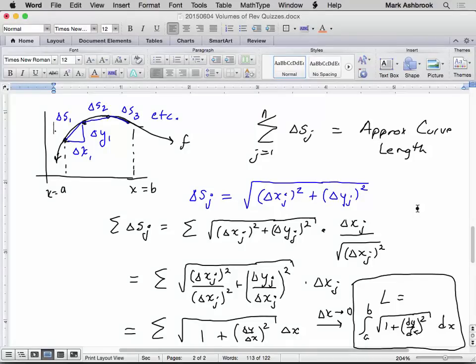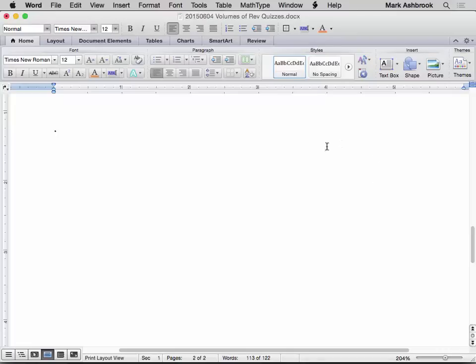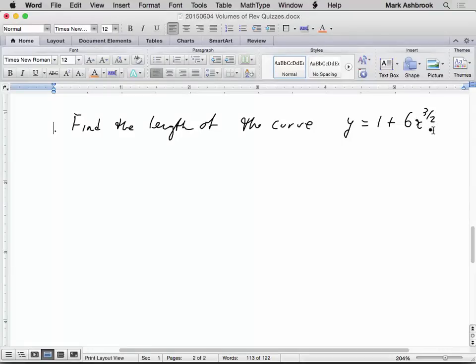Other questions on this? Okay, so find the length of the curve y equals 1 plus 6 x to the 3 halves, x from 0 to 1.